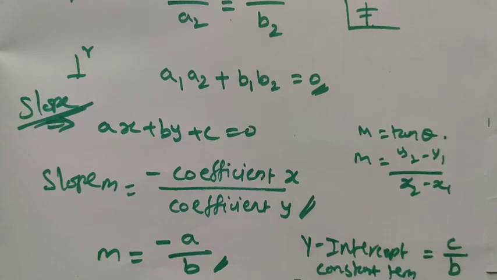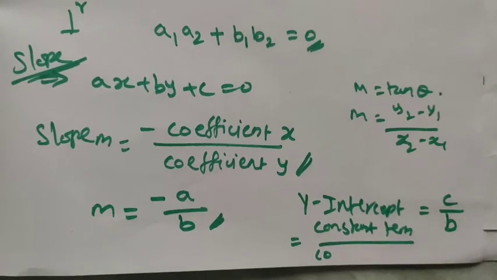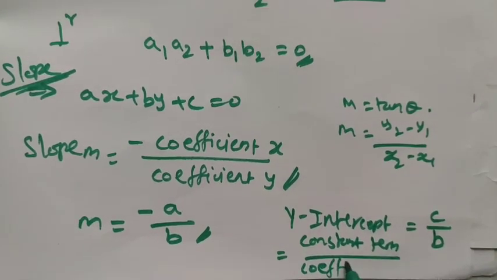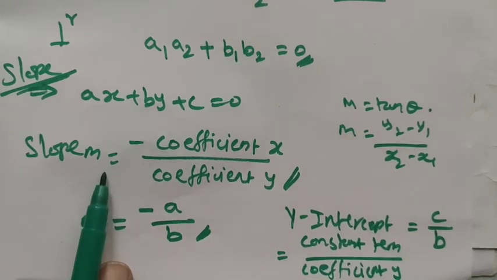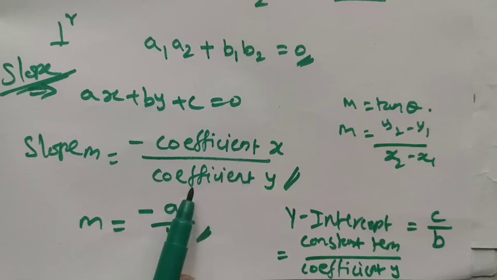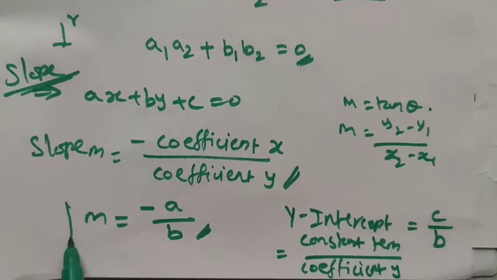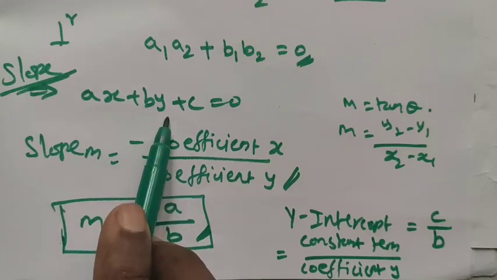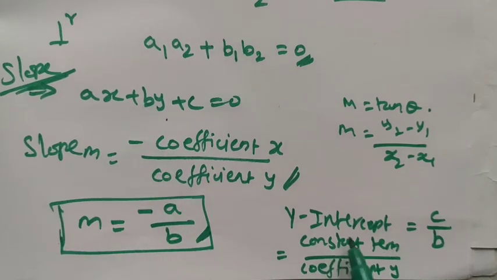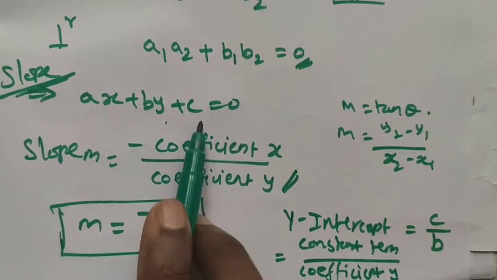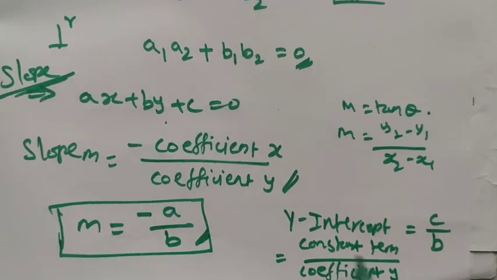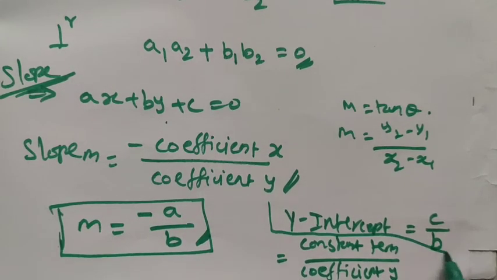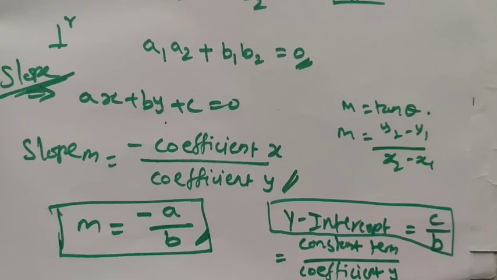Here the slope is minus coefficient of x divided by coefficient of y, that is slope m equal to minus a by b when the equation is given. And if we want to find the y-intercept, it is the constant term divided by the coefficient of y, that is the y-intercept is equal to c divided by b. This is the formula.